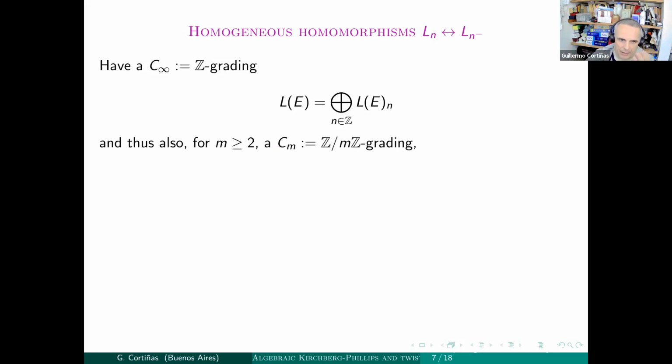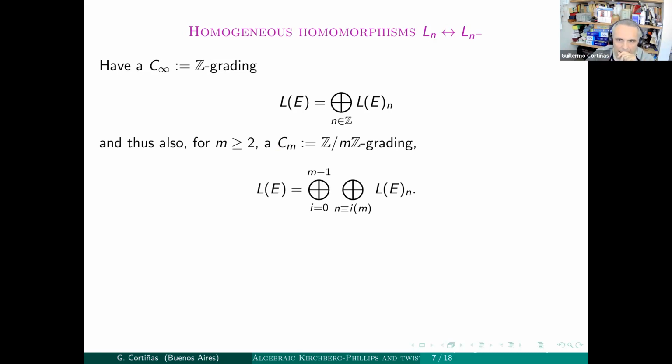And once you have a Z-grading, you have a Z mod M grading for any M, in which the homogeneous component of degree i, where i is a remainder in the division by M, is the sum of all the homogeneous components corresponding to n's congruent to i mod M, right?